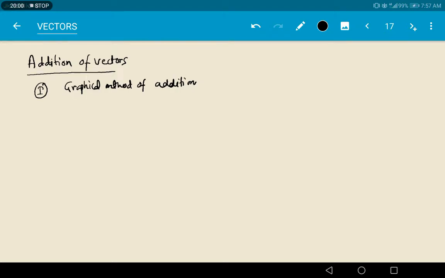There we will discuss. So first, the graphical method of addition of vectors. Suppose you are given two vectors, a bar and b bar.